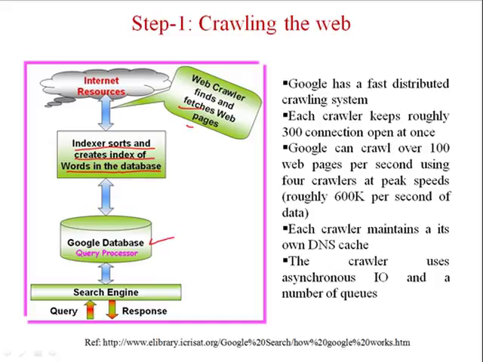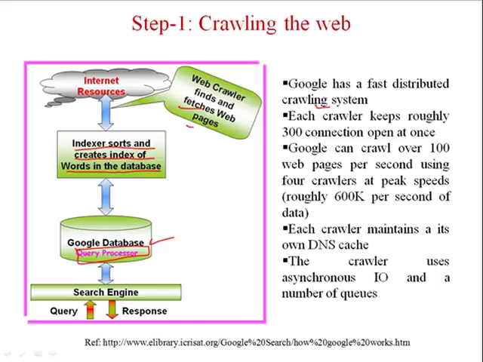So this is the Google database, and after that a query processor is used. When we submit a query through the search engine, the query processor responds with a particular answer.